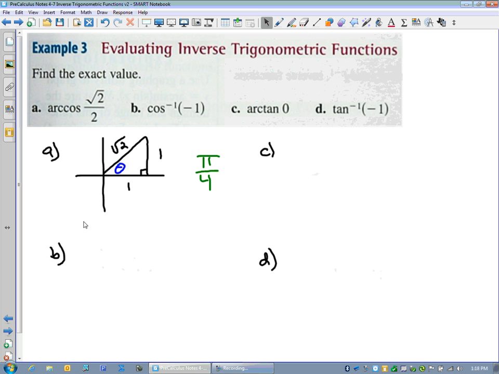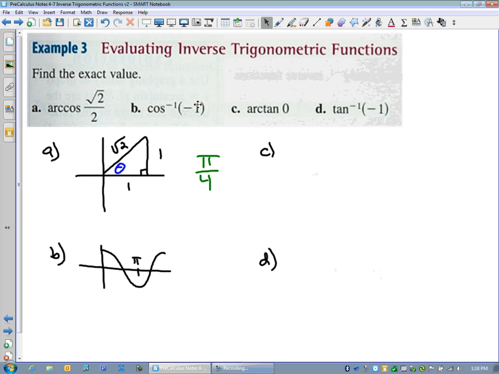All right, for part B, I want to first notice that negative 1 isn't one of the special values, that's a quadrantal value. So therefore I want to use the graph rather than drawing a triangle. Looking at the graph of cosine, remember cosine starts up at the maximum and then goes through the cycle like this.